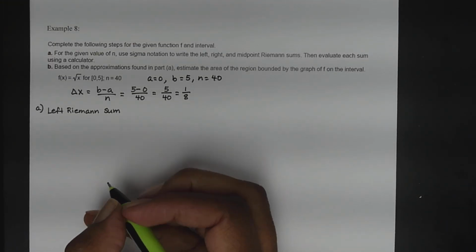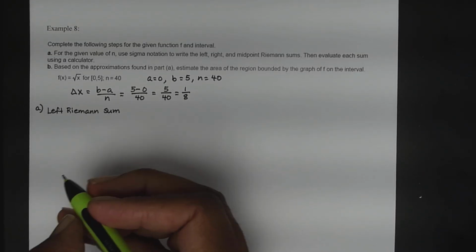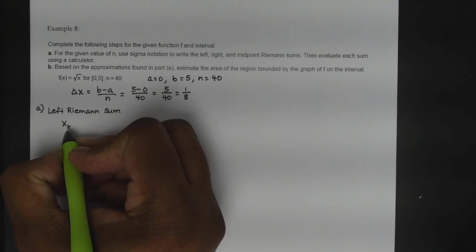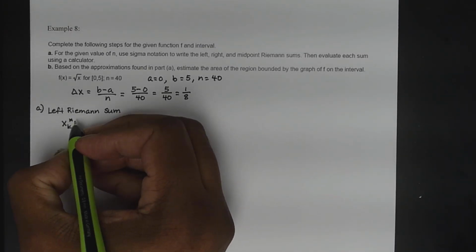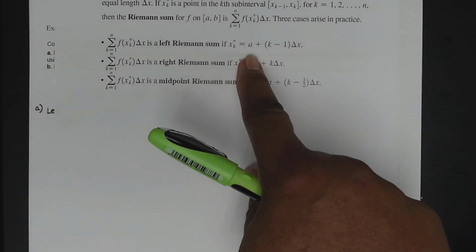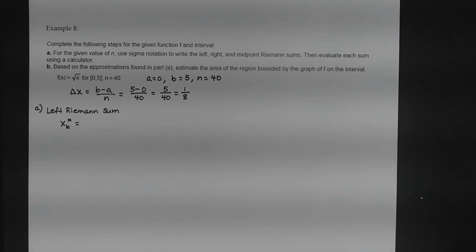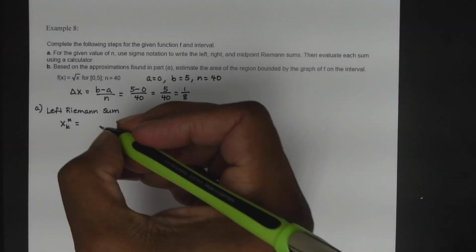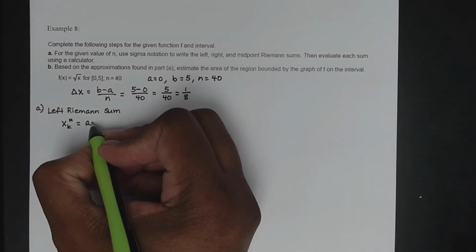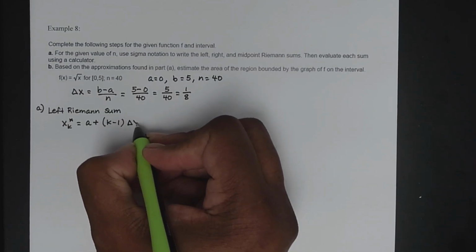Okay, there's something else I need to find out. If I'm going to use a left Riemann sum, I need to find out what x star sub k is. And for the left Riemann sum, x star sub k will be a plus the quantity k minus 1 times delta x.